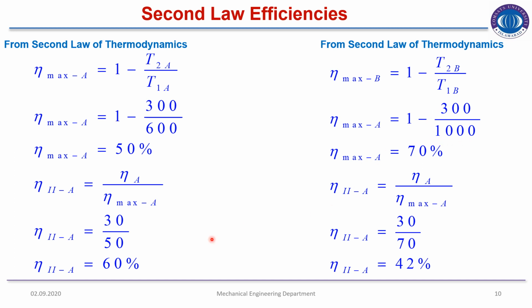That means heat engine A is more efficient than heat engine B, because both produce the same amount of work, but the source temperature for A is 600 and for B is 1000. So we have to supply more energy to maintain the source temperature, and the efficiency of heat engine B is less than heat engine A.